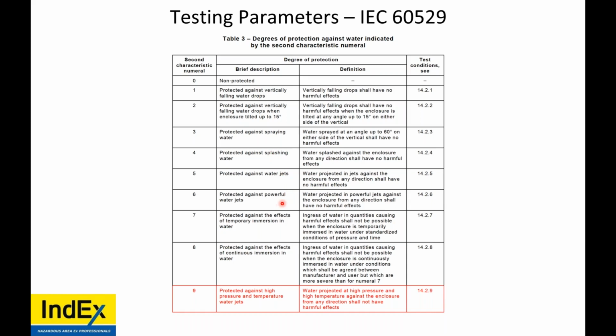While 5 and 6, the keywords are jets of water. 7, the important word is immersion, submersion, immersion, underwater. Those words all matter. Vertically, spraying, splashing, jets, jets, immersion, immersion. 9, high pressure and temperature water jets. Okay? Test conditions are defined within the standards.